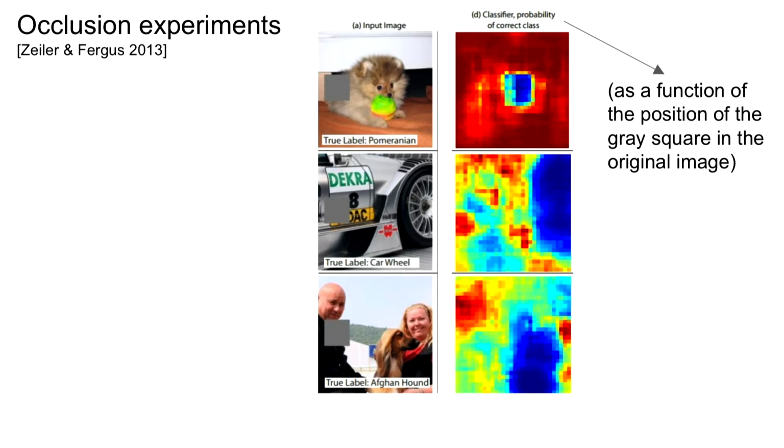Yeah. Was there another? Yeah. So blue means covering up that place affects the accuracy, but does the red mean it improves the accuracy? No, it's just false coloring, so that blue is 0 and red is 1. And the softmax output should be between 0 and 1. So red is sort of normal.